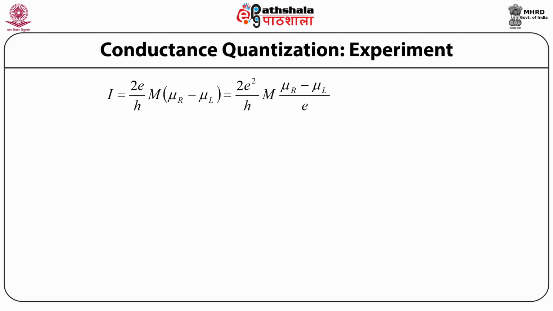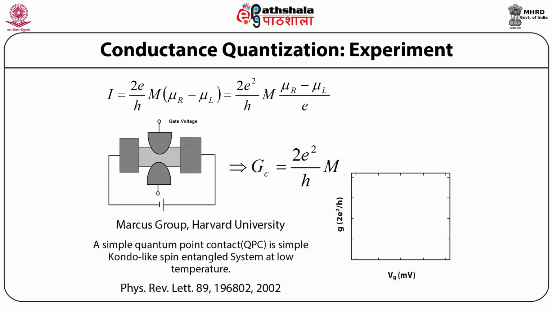Here μ_R and μ_L are the chemical potentials of the right and the left contacts respectively, as shown in this figure. Now G_c = (2e²/h) m.